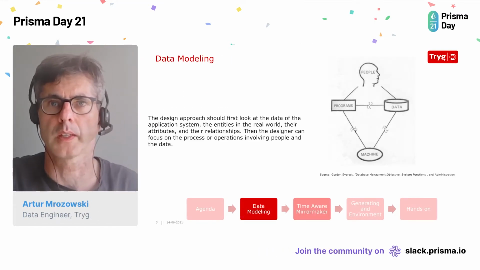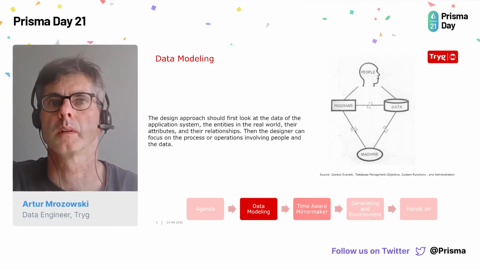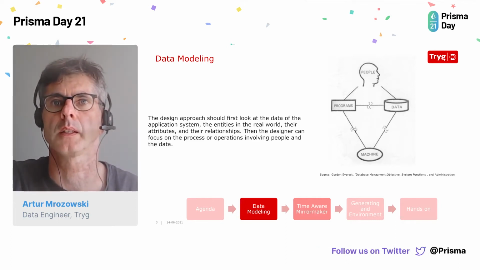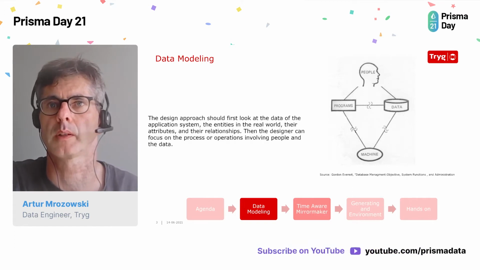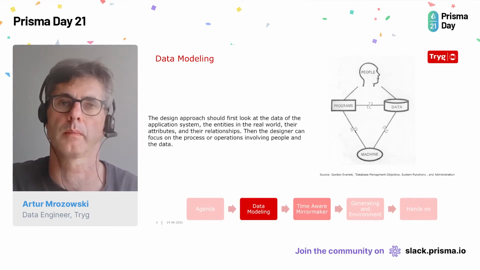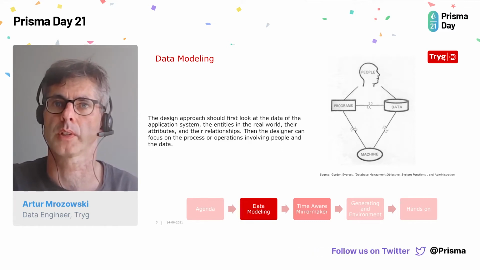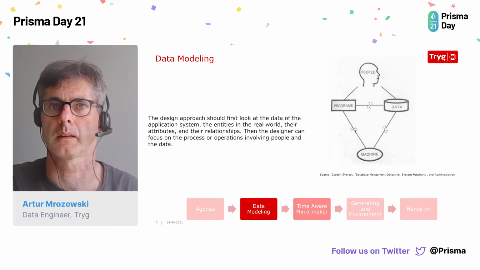Copernican revolution in data processing is a term introduced by Gordon Everest, 1986, who wrote a book called Database Management. In the same way, Copernicus argued that the center of the solar system shifts from Earth to the sun, our view of data processing shifts from software to data.